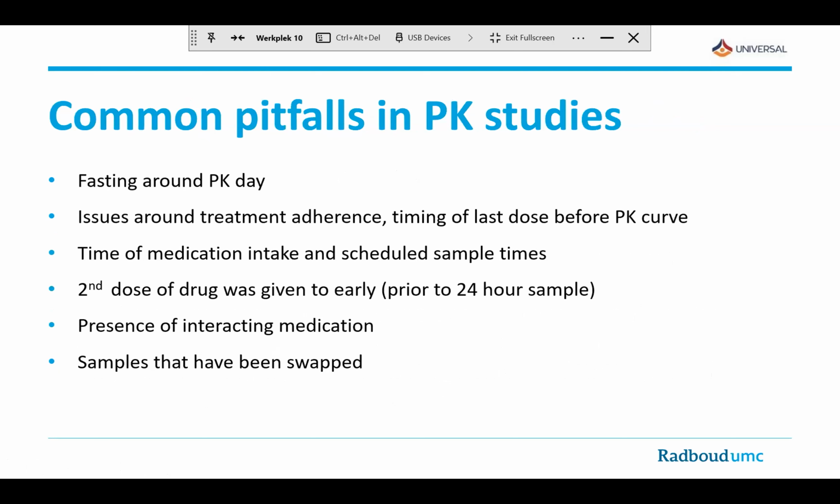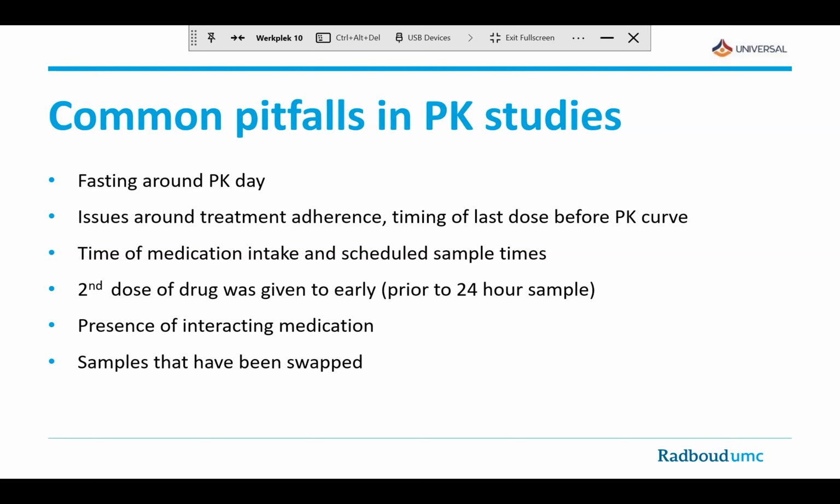And now I'm going into a few pitfalls in PK studies. What can happen which influences the pharmacokinetic curves? For example, when we tell people that we want a curve under fasting conditions, and somebody did eat just before dosing, that could influence the absorption of a drug. Also treatment adherence, of course, in the multiple dose setting.